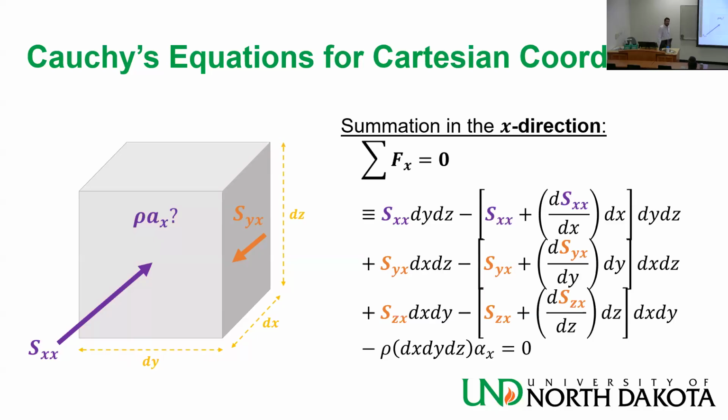So SXX should be perpendicular to the X plane, right? SXX, yeah, which is dy. This is the X plane. Yes. And then we have SYZ, SYX, SYZ. No, SYX, SZX, they should be on the same plane.